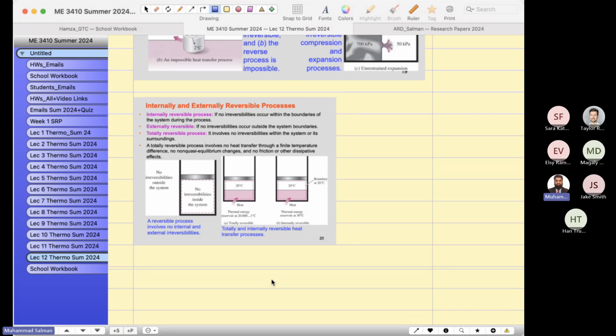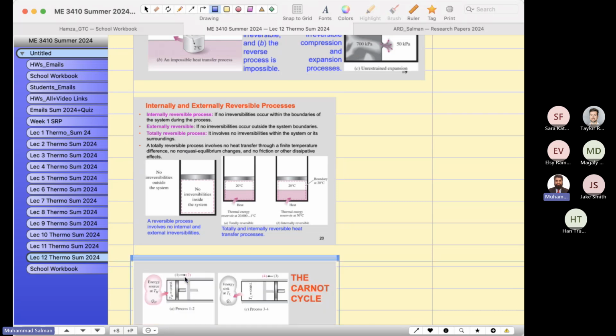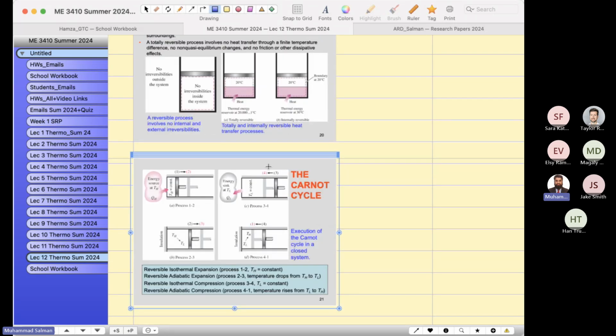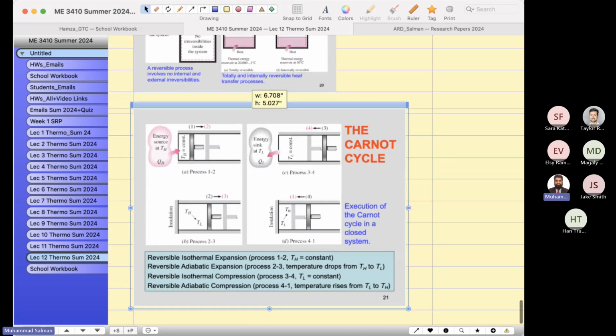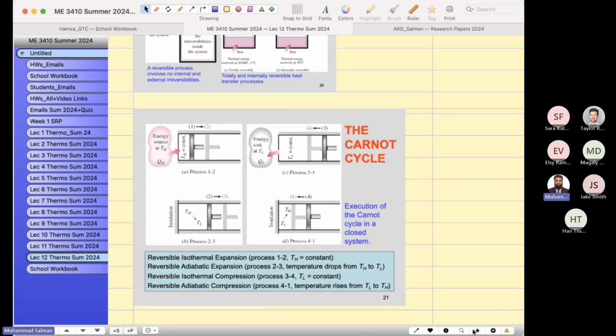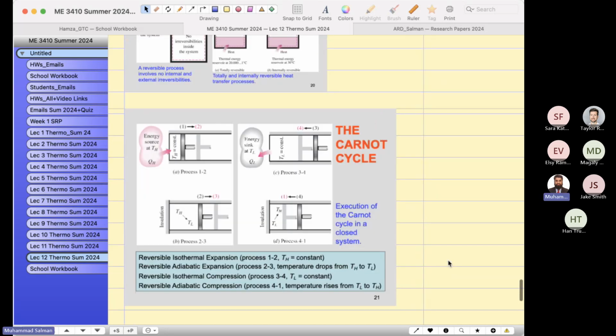A reversible process involves no internal or external irreversibilities, and a totally reversible process is also internally reversible. So let me show you the totally reversible heat engine, which is also known as the ideal heat engine. The ideal heat engine, the efficiency of which is maximum, is known as the Carnot heat engine or Carnot cycle.